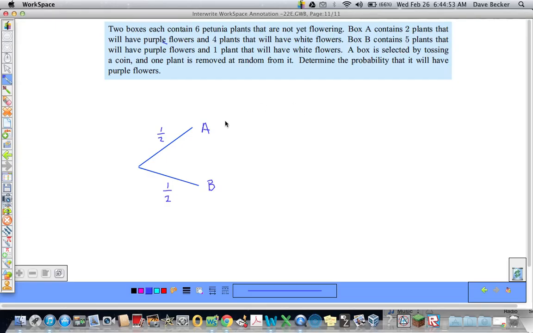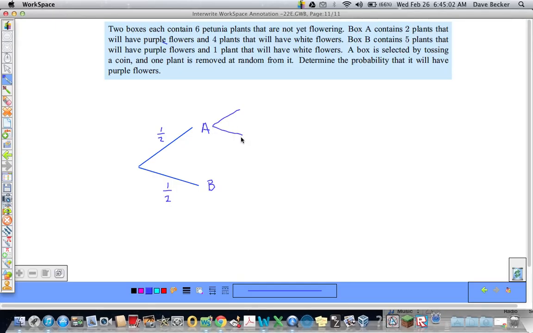And from box A, if we randomly select a plant, we will either have purple flowers or white flowers. Box A contains 2 plants that will have purple flowers and 4 plants that will have white flowers. So that would be 2 out of 6 for purple and 4 out of 6 for white.